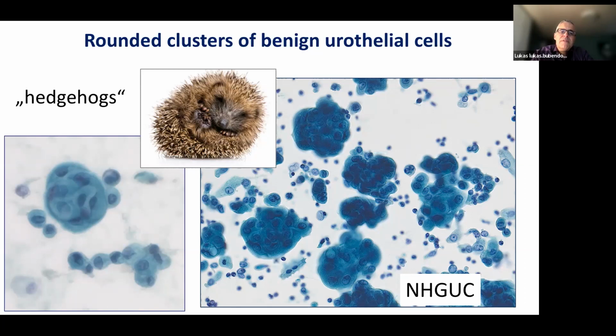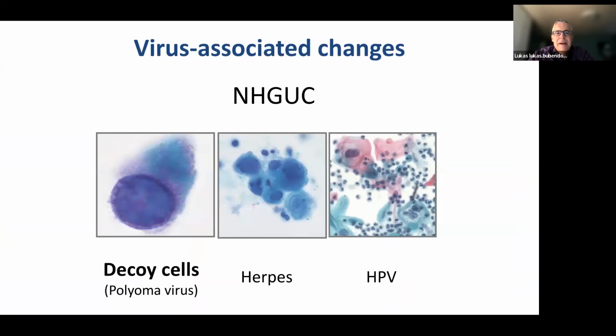Of course, you always need to look at the cytology as well. There are rare cases of high-grade urothelial carcinoma that form similar structures, but they have the clear criteria of high-grade urothelial carcinoma. Virus-associated changes always go to the negative for high-grade urothelial carcinoma category. The most dangerous pitfall is decoy cells, polyomavirus-infected cells.